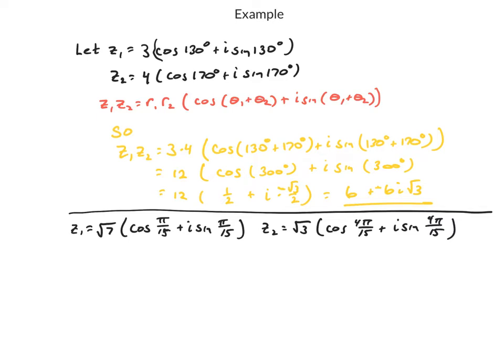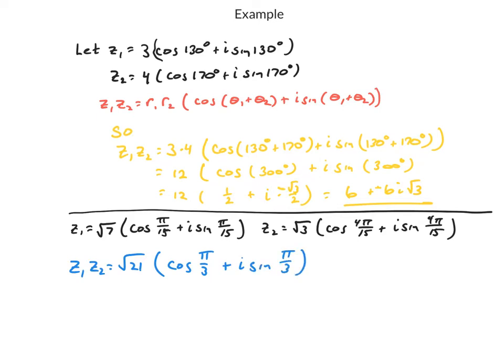Welcome back. In this problem, I want to find z1 times z2. It's going to be square root of 7 times square root of 3, which is square root of 21, times the cosine of the sum of the arguments. So it's going to be the cosine of 5 pi over 15, which is pi over 3, plus i sine pi over 3.